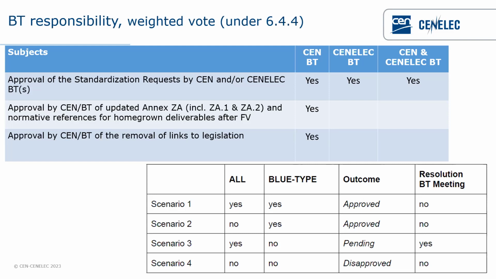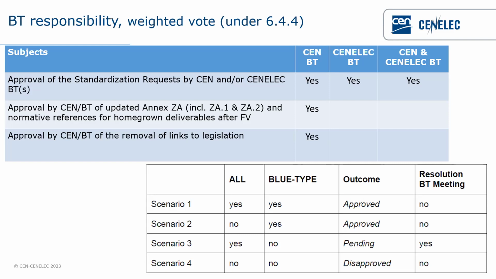So we will propose a date to block on the calendar of the BT members a possible date to discuss, depending. Of course, if scenario 3 does not apply, that meeting will be deleted.